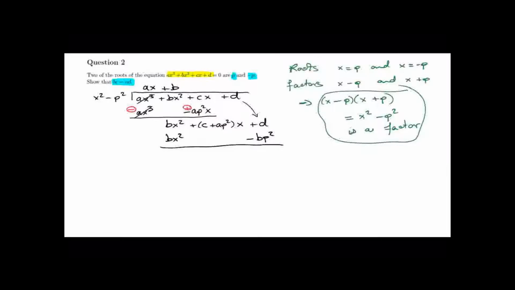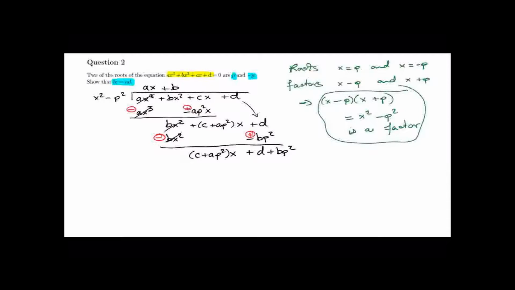Now usual thing, we try to cancel again, so I change that sign to cancel the bx squareds, but then I've also got to change that sign to a plus. So this minus over here turns to a plus, and the minus over here turns to a plus. Now when we cancel then, we have bx squared minus bx squared, which cancels. We have c plus ap squared multiplied by x, and then we have plus d plus bp squared.